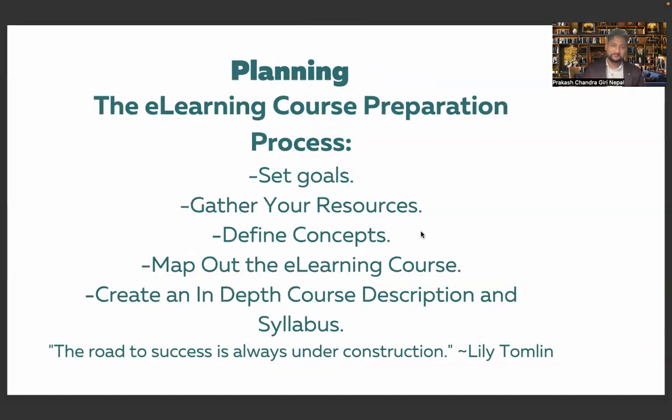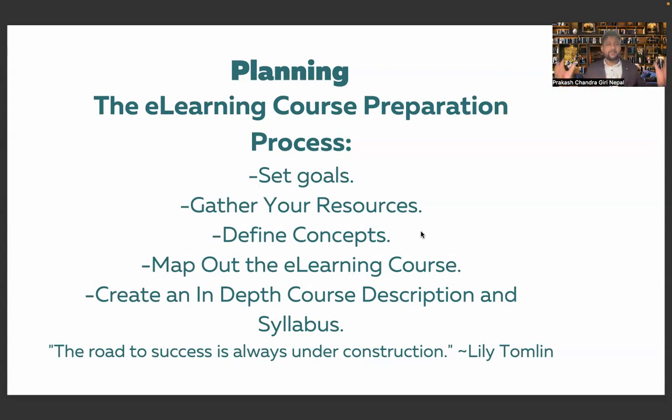Number 1, planning. In the learning course preparation process, under planning, number 1 is setting goals. First, what are the objectives of the course development? First, we need to have a mind map for setting the goals. And we need to collect the resources, and define the concepts.